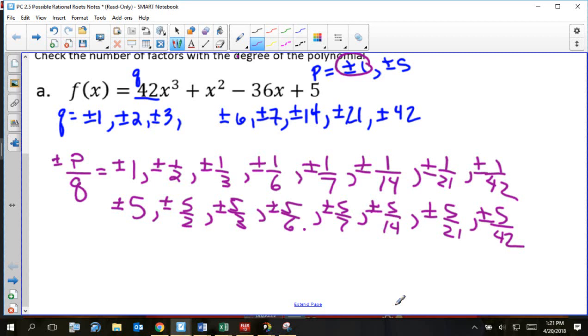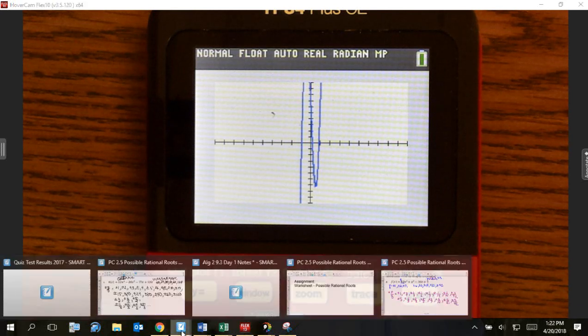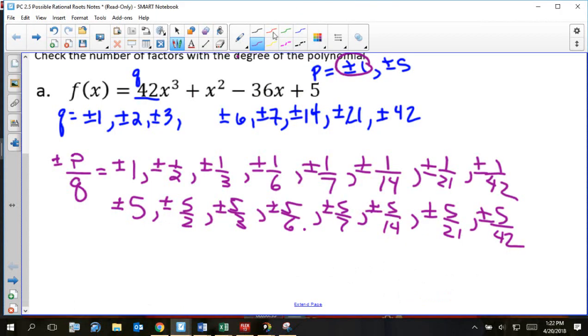So now that we have this technology, you're going to look at the graph and say, what do you think one of the factors might be? Or zeros. What do you think one of the zeros is? Okay, let's see if -1 is a 0. So next on your paper, we can use -1 with synthetic division.